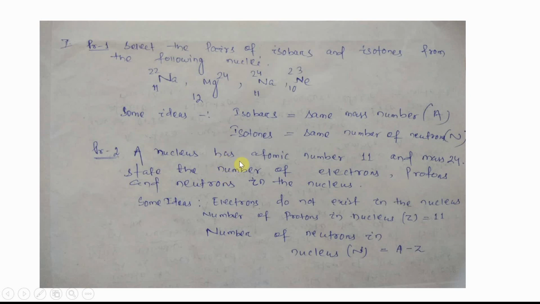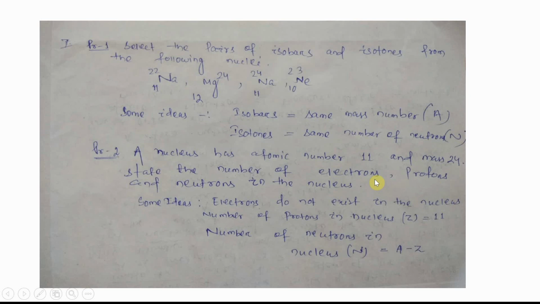A nucleus has atomic number 11. Atomic number is given, Z equal to 11, and mass is 24, meaning A is given as 24. State the number of electrons, protons and neutrons in the nucleus. Here also I have given some hints: electrons do not exist in the nucleus, so it must be 0.